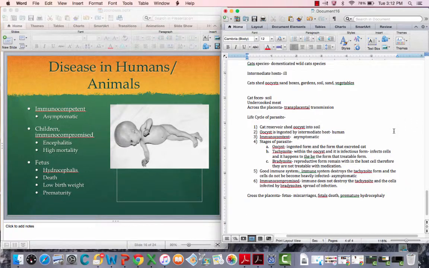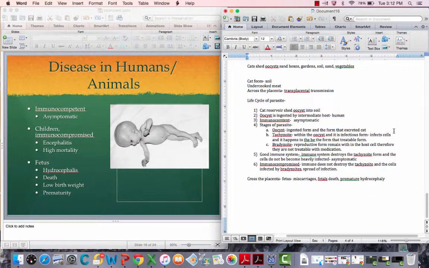So let's talk a little bit about the risk to pregnant women. The thing that's sort of interesting about toxoplasmosis is that it's only dangerous with the first exposure, because your immune system in general does such a good job getting rid of it.